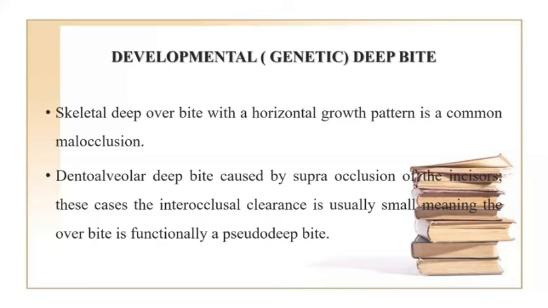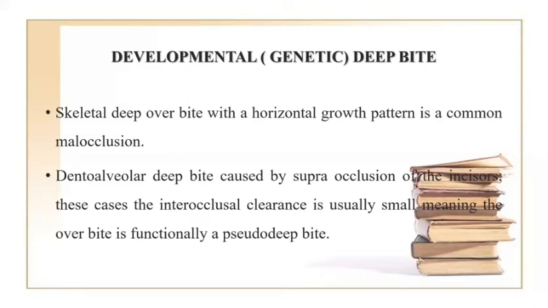It can be further classified into skeletal deep overbite and dentoalveolar deep bite. Skeletal deep overbite is always associated with a horizontal growth pattern, and that is the common type.